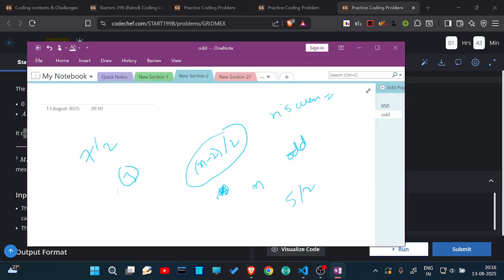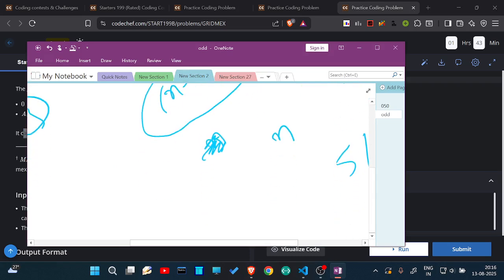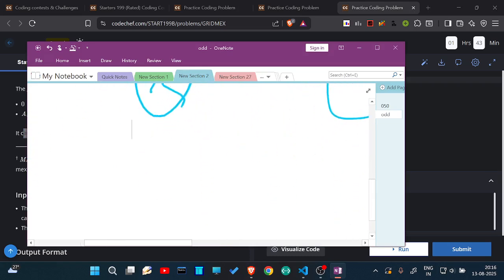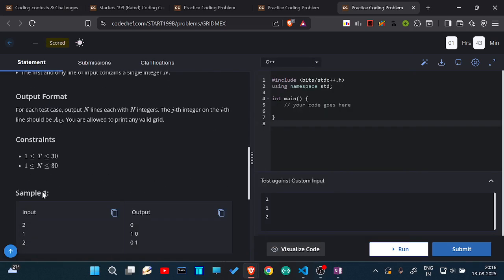So what we are asked to do here is, we have to construct a grid of what? An n comma m grid, or n comma n grid. So let's understand the first steps.